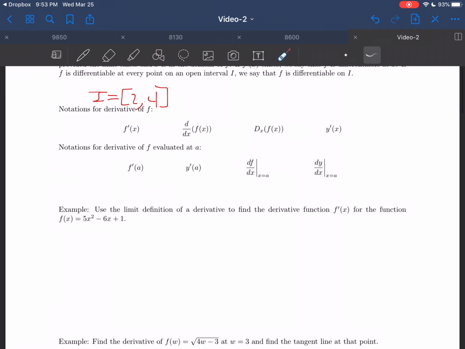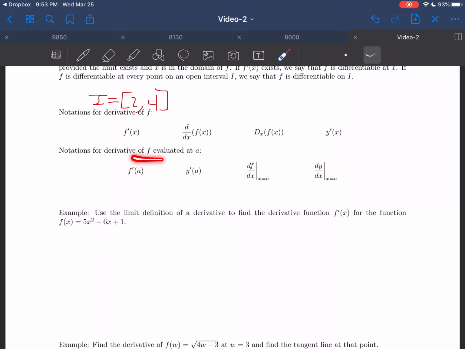Then we've also got notations for the derivative of f evaluated at a. Just like we can have a function and then evaluate that function at a point, our derivative's a function, and then we evaluate our derivative at a point. So we could have f prime of a, y prime of a, the derivative of f with respect to x, evaluated.